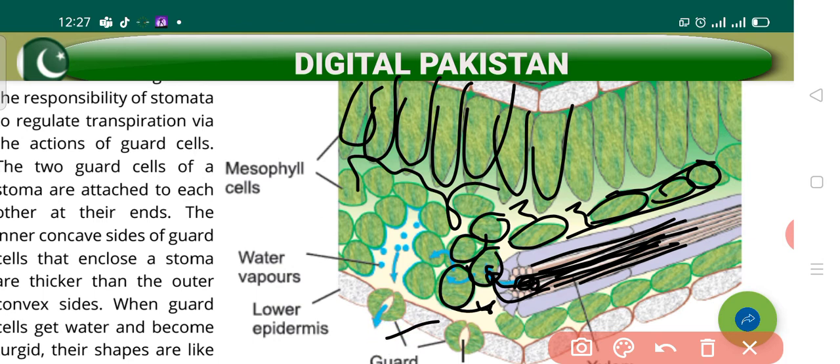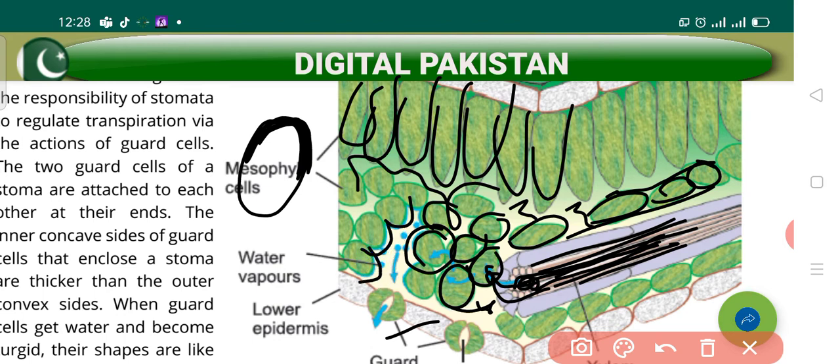If you observe this cell more clearly, you will see the water making a layer around the cell wall of the mesophyll cell.